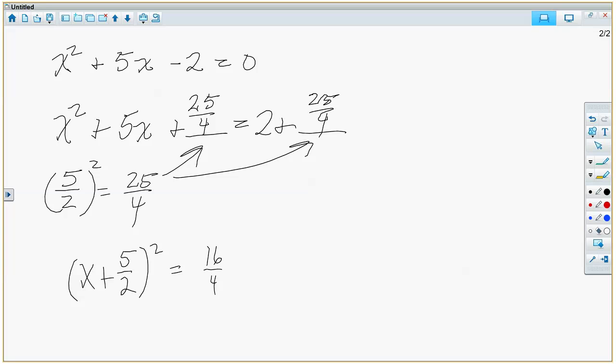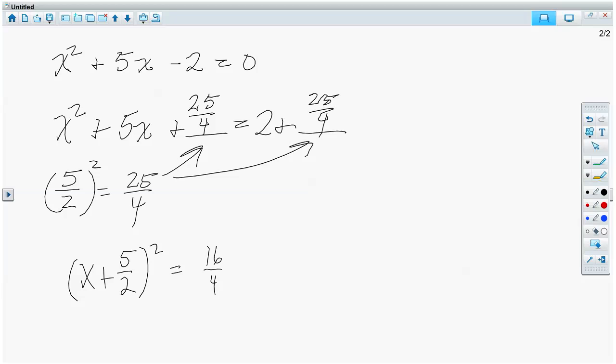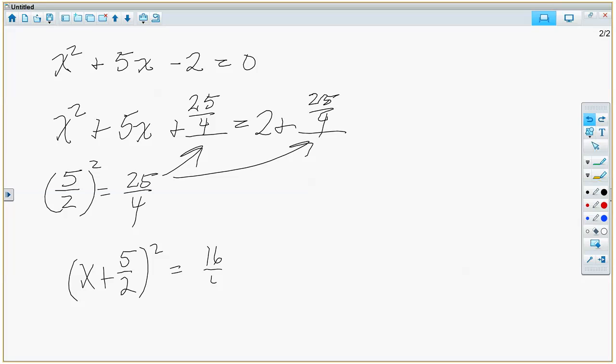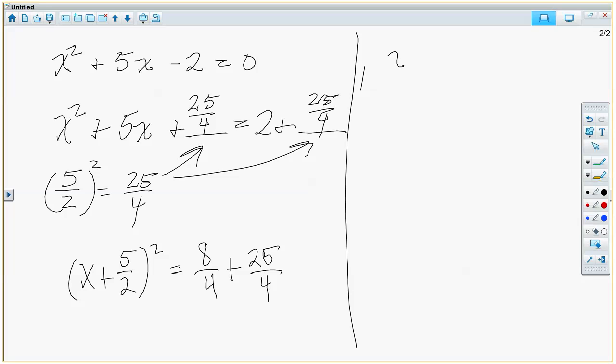No, that's wrong. So that's going to give me x plus 5 halves quantity squared is equal to, what is it, 33 fourths?